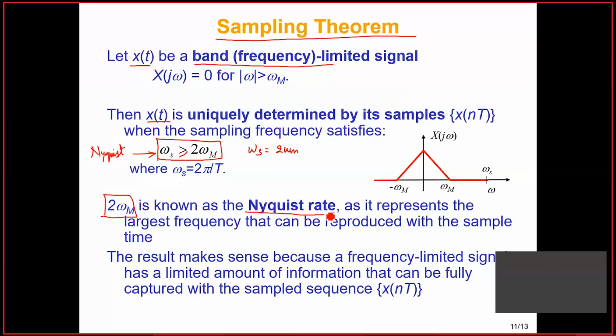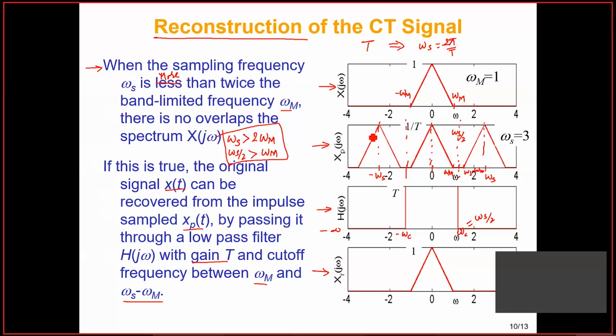So the second copy will be something like this. So omega s is equal to 2 times omega m. And if it is greater than that, then you will have gaps right here. Half omega s will be greater than omega m. So the minimum possible sampling frequency is twice omega m. And if you select omega s less than that, you will end up getting what is known as overlaps, and you will not be able to recover your signal completely.